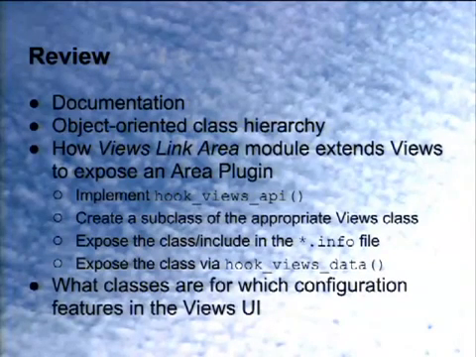And finally, you also need to expose that class to views using hook views data, so that views knows how that relates to the schema and the other entities and the data model that your website uses. And finally, we looked at how the classes map to various configuration features in the user interface.